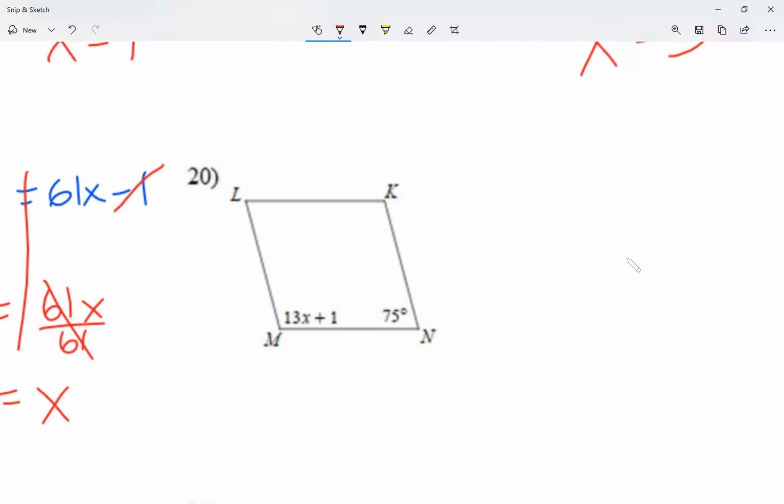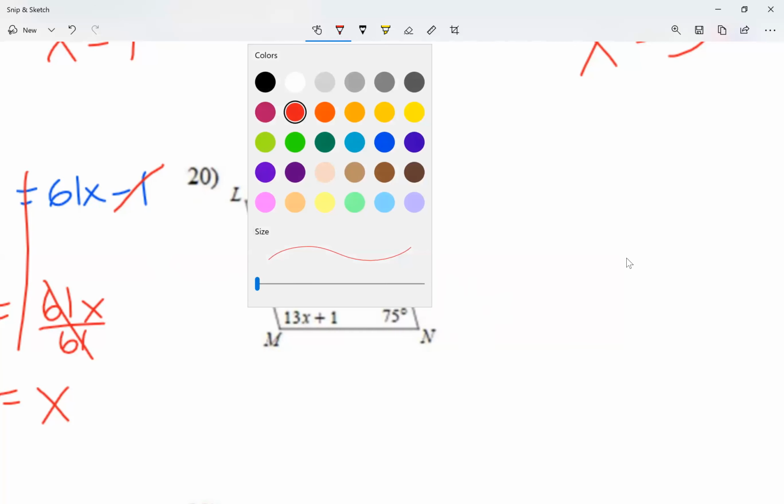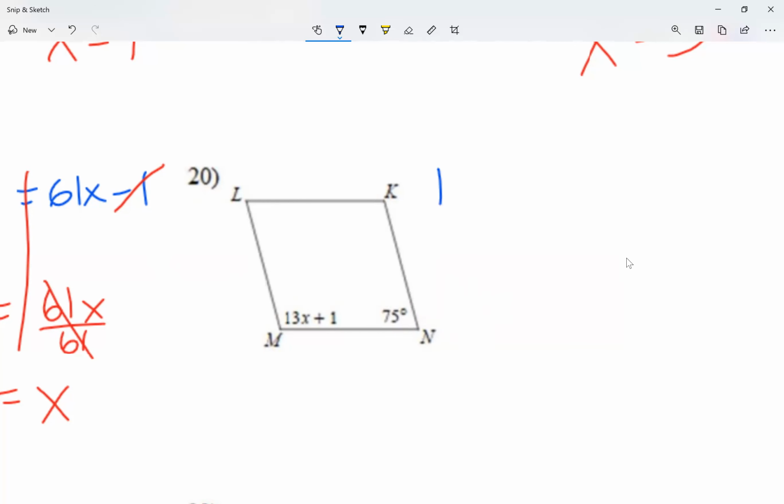In this case, I'm just going to add both of them up. So I'm going to go 13x plus 1 plus 75. I'm going to add everything up, and this is going to equal 180. They're not necessarily equal to each other. They are what we call supplementary. That means you add them up and it equals 180.